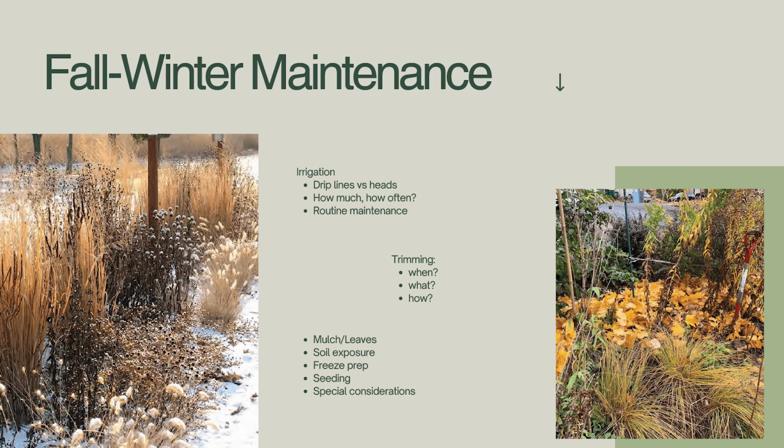Okay, so drip lines, heads. I'm a big advocate for heads because, again, we like infrequent, heavy irrigation. Load it all up on those heads once, and then turn it off for a month. That's kind of the name of the game for native landscapes. And then routine maintenance. Obviously, we need a lot more routine maintenance on drip lines because things nick them all the time.